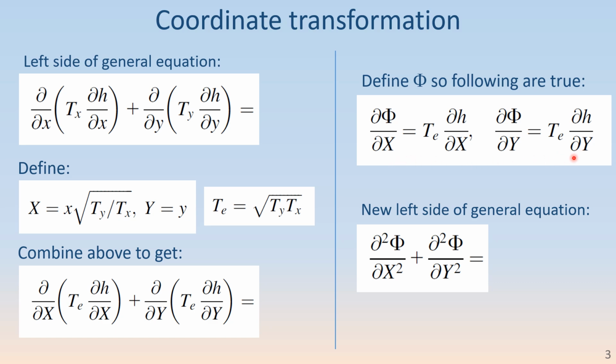So these equations are true, and then we combine this equation and this equation to get our new left side of the general equation, which is the Laplacian of this discharge potential, which is just what we want, because now we can go back to using our typical analytic elements for wells, lines, and areas.